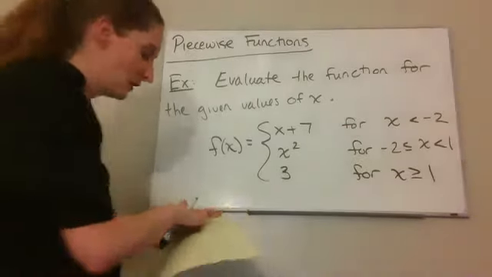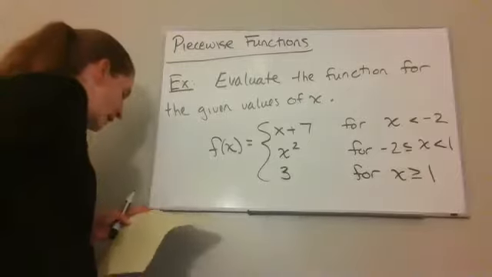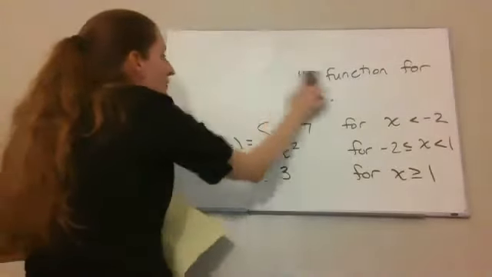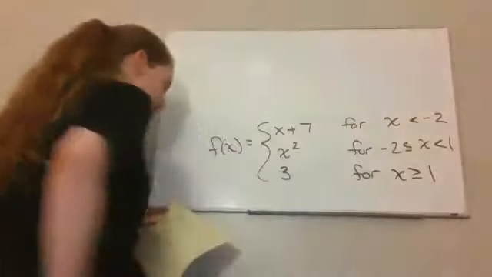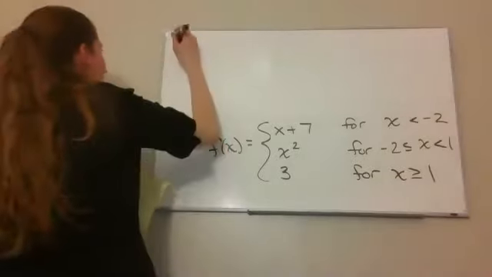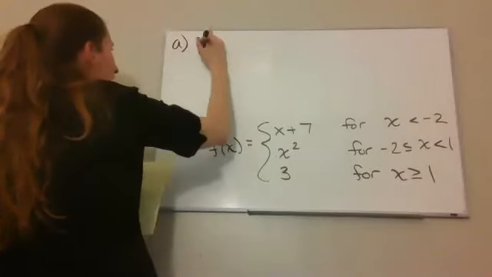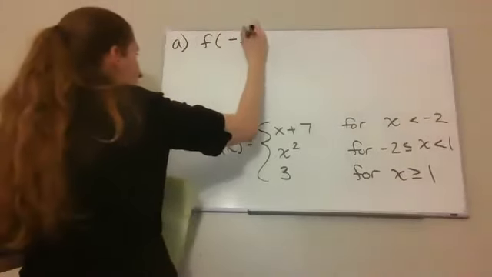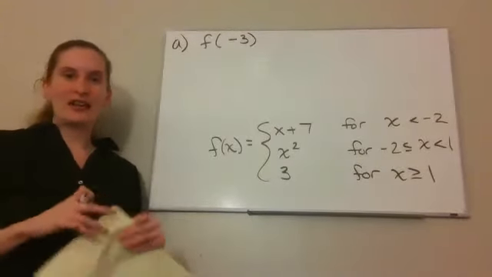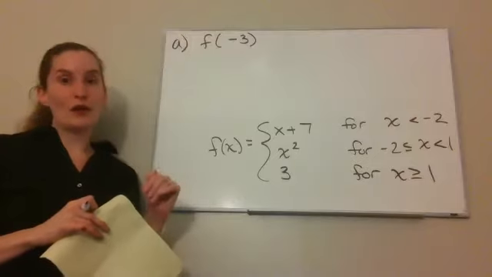So I'm going to leave my function written down here at the bottom and give us our problems to solve up at the top. So the first one we're going to find is f of -3. In order to figure out f of -3, we need to know how to read this definition for our function.